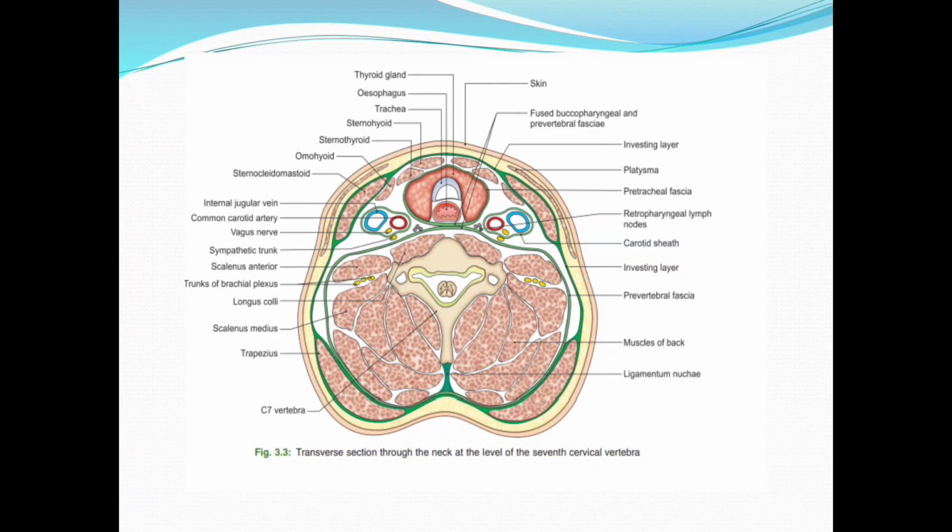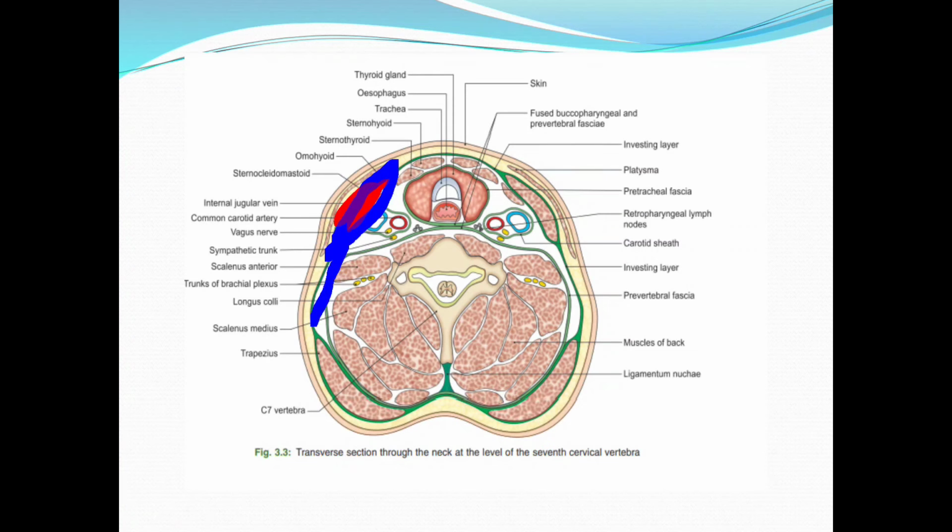Here in this picture you can see the transverse section through the neck at the level of the 7th cervical vertebra. I'm marking with red color the sternocleidomastoid muscle, and then I'm using blue color to mark the fascia.